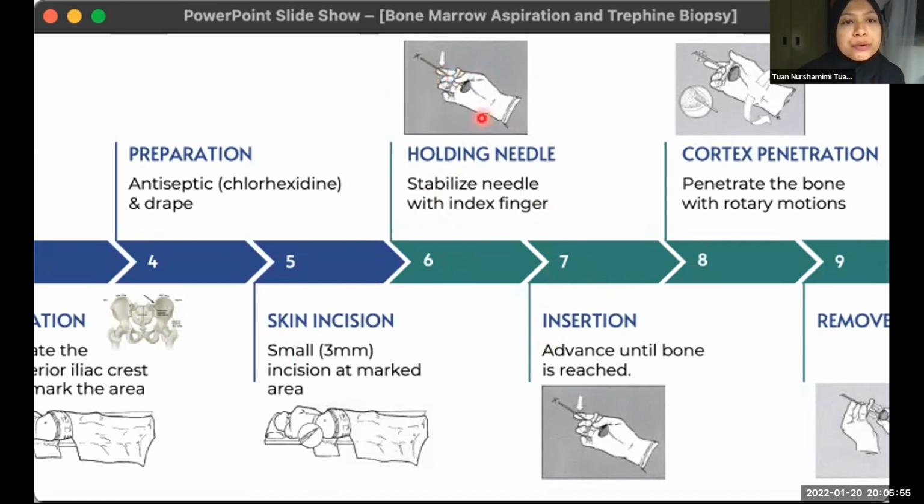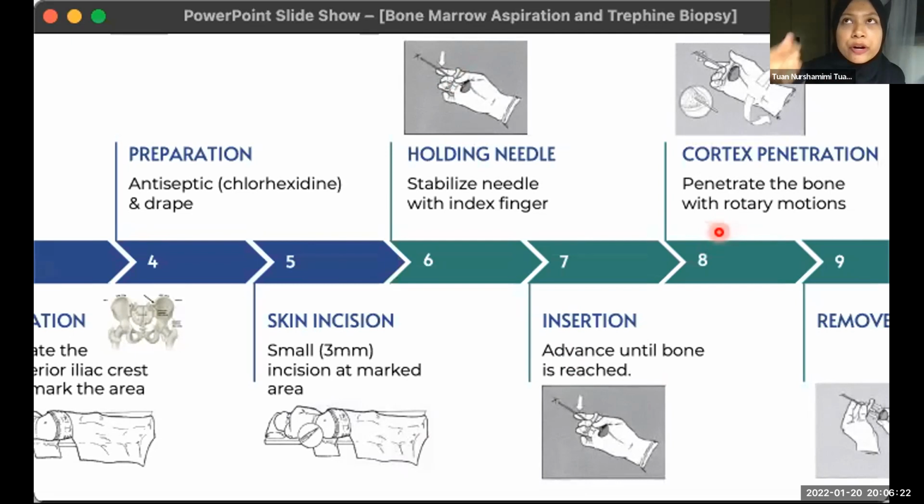Then you insert the needle through the area that you already marked. You rotate your hand clockwise, anti-clockwise until you penetrate the cortex.